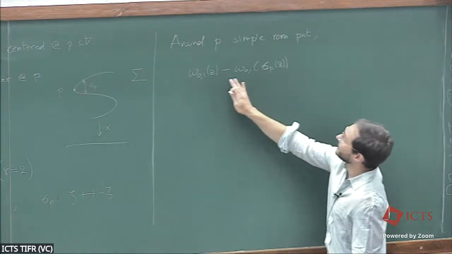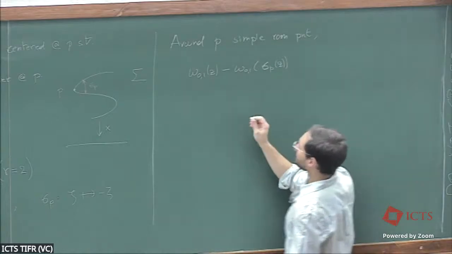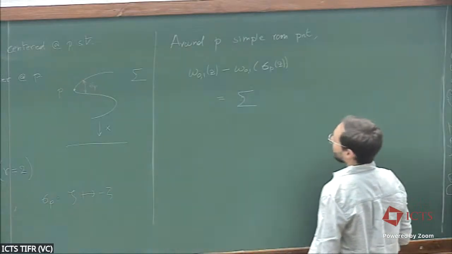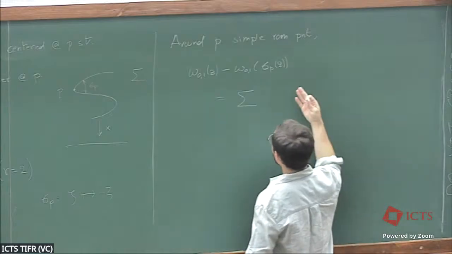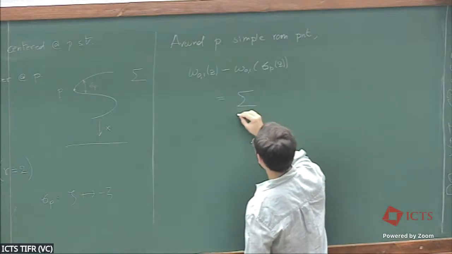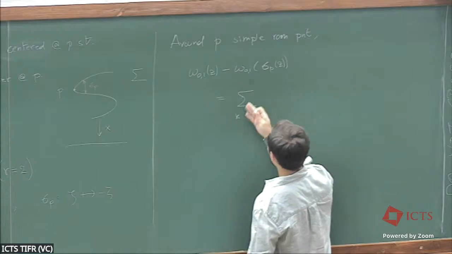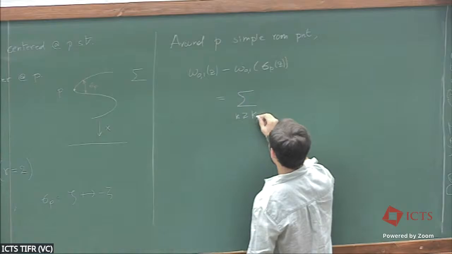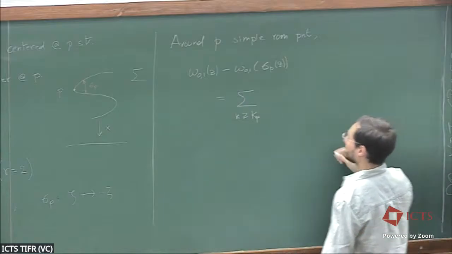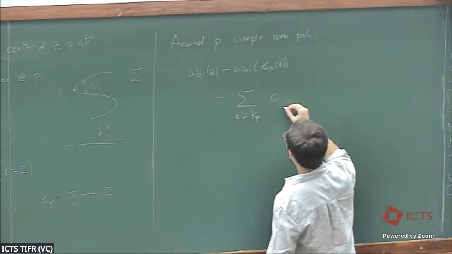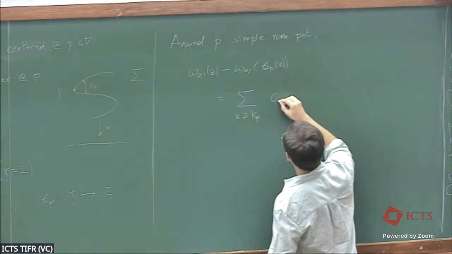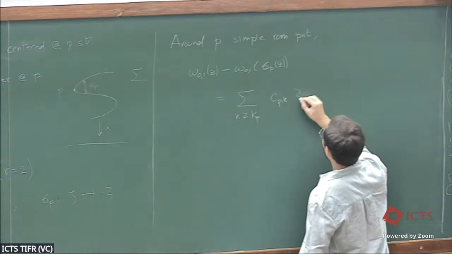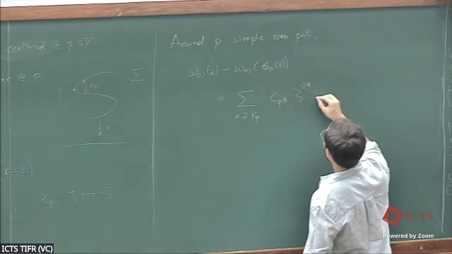And because I'm taking this difference here, when you take the expansion, you will end up with only even powers in the local coordinate. So this Laurent series will be a sum over k greater or equal than a certain value k_P. And here you'll have some constants that depend on e and k. They don't really matter, but the expression will be something like this.